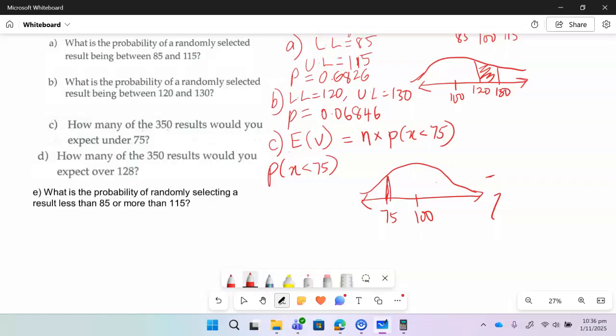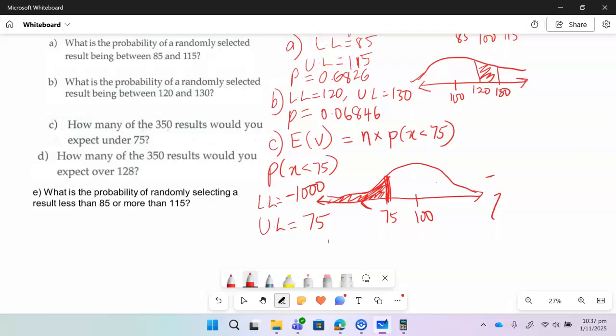And if you want the probability of x being less than 75, you're looking at basically the rest of the curve, wherever it ends, all the way to some really small number. We want all of that area. So in this situation, your lower limit is going to be some really large negative number. For this situation, negative 1000 is fine. And upper limit is 75 because that's where your limit is stopping.